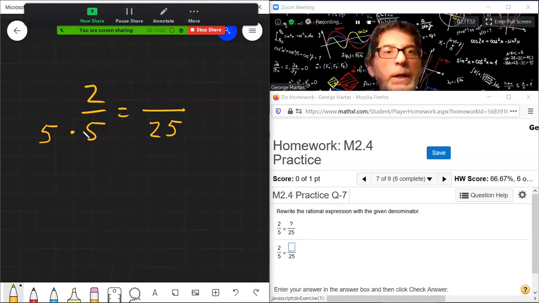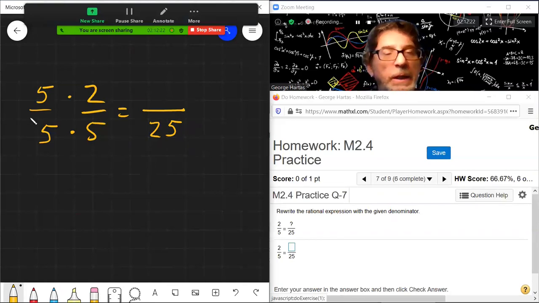If I'm multiplying the denominator by 5, I got to do the exact same thing and multiply the numerator by 5 so I can keep the same ratio. 5 over 5 is 1. So I'm multiplying by 1, actually. The help talks about this. So if you're confused about the help when it talks about multiplying by 1, that's what they're talking about. 5 over 5 is 1.